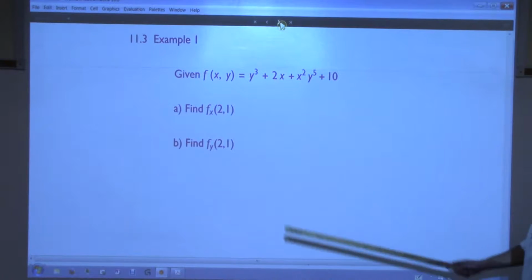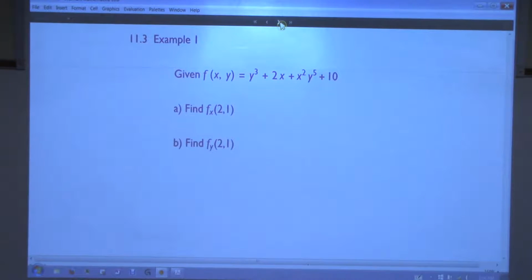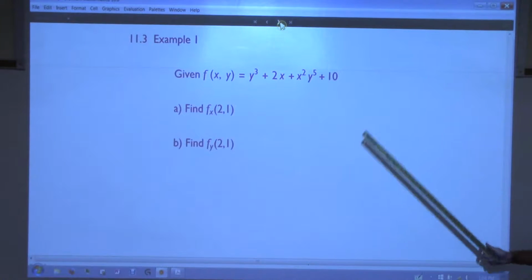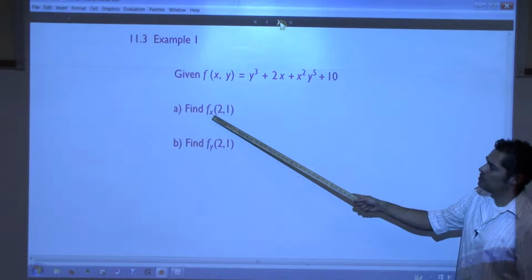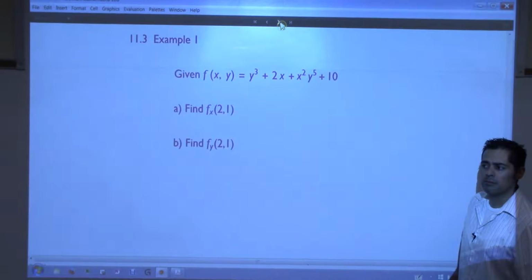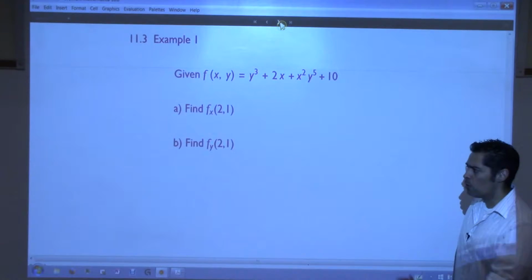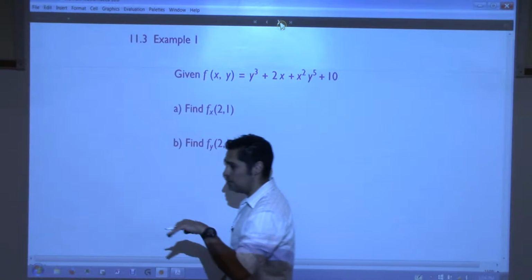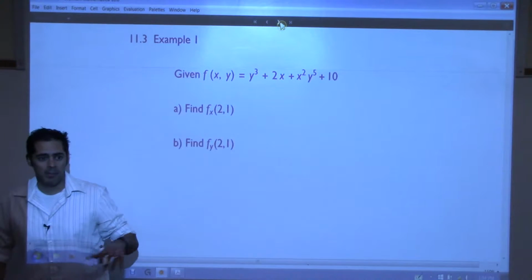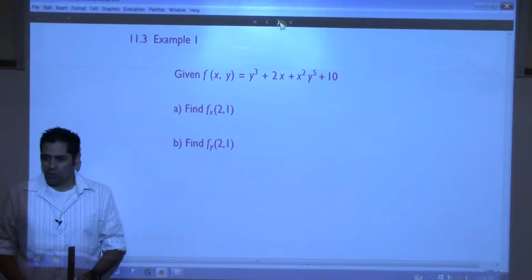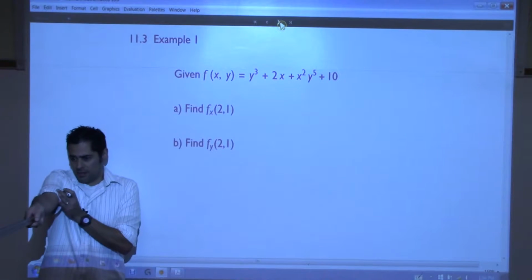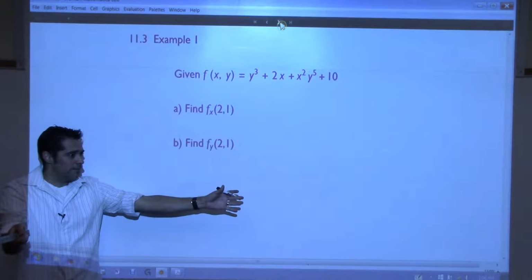Okay, so here's an example. We're given a function of two variables, x and y, and we're asked to find the partial with respect to x at 2, 1. So before we actually get into the mechanics of it, let's talk about what's happening. Let's say I'm standing at the origin, and the x-axis is this way, and the y-axis is this way.